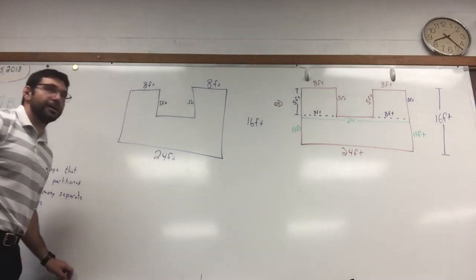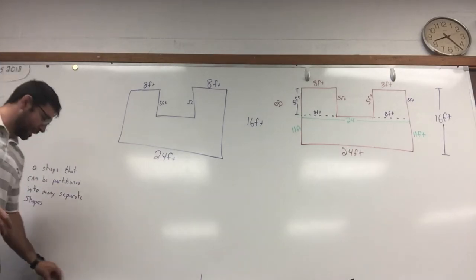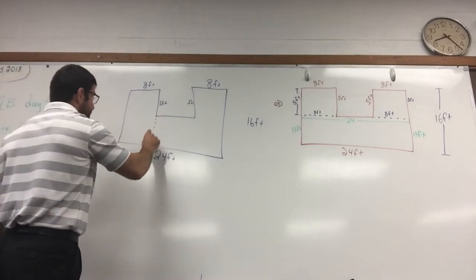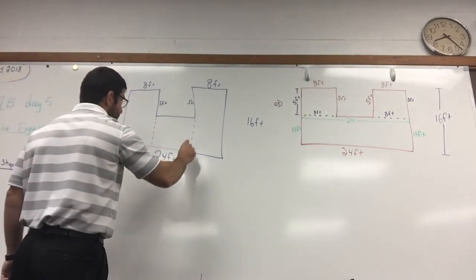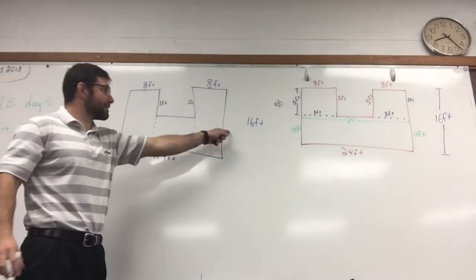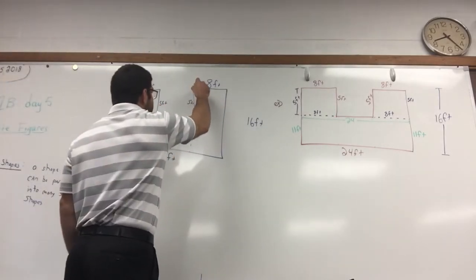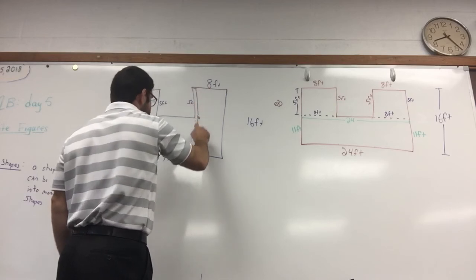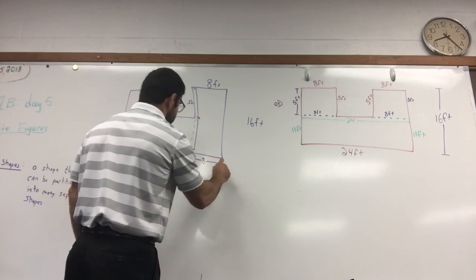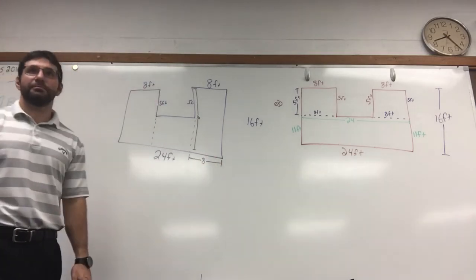Mr. H, if you don't like drawing them horizontally, what do you like doing? Well, I like drawing them vertically. So now, if this is 8, this is 16, from here all the way down is 16. From here over is 8. Does everybody agree with that?